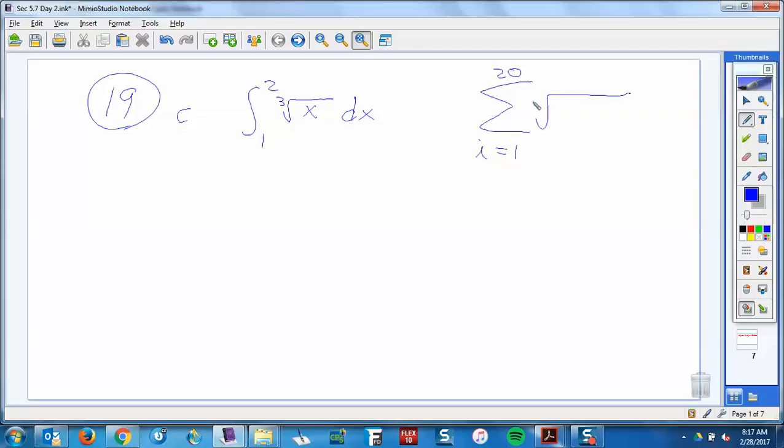And then cube root of, on C, 1 plus I over 20. Okay, so that'd be more of a mixed. Okay. Oh, all of it over 20. All of it. I'm with you.